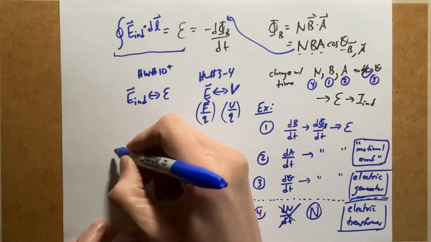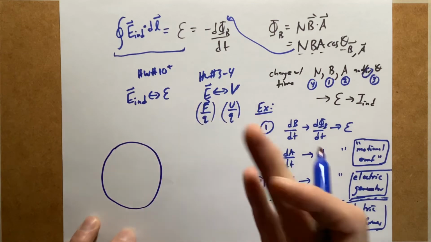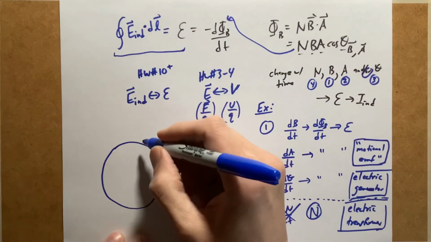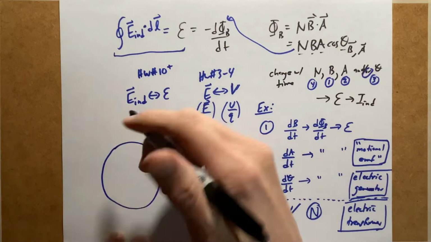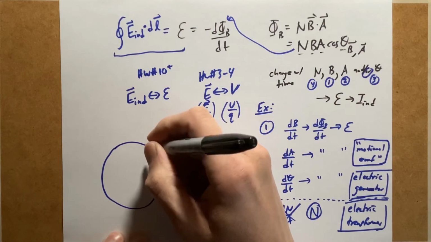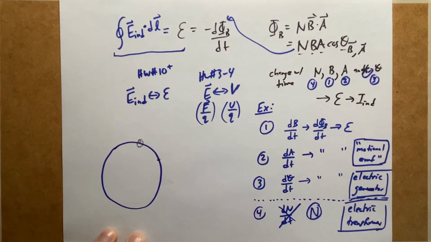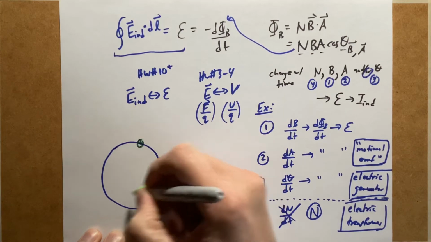Okay, so let's say you have a situation. We looked at the Lenz's law stuff already, so we understand the concepts of this. Let's say you had a conducting ring, and you're waving a magnet nearby it, changing the flux. And you have these positive charge carriers inside this conducting ring that are just sitting there.